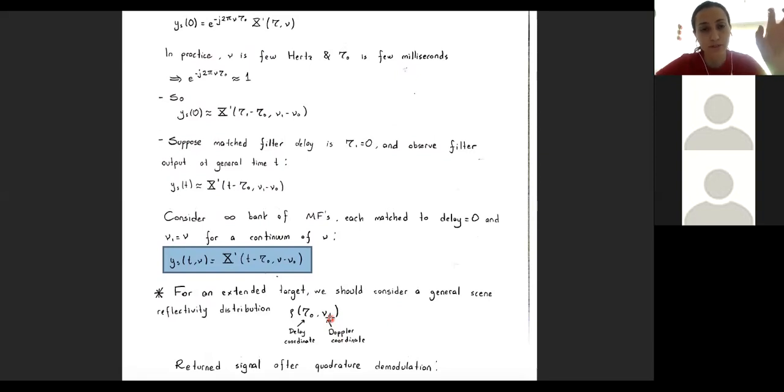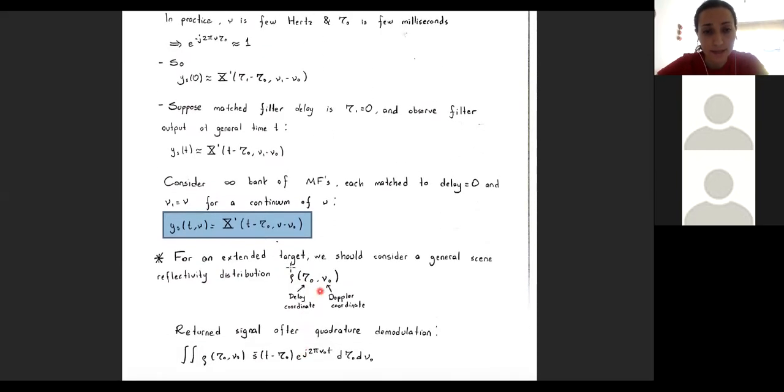For example, some points on the target will reflect the radar signal with a higher amplitude, and some points will not reflect it that well. Let's call that reflectivity distribution, a two-dimensional function that describes how well our extended target is reflecting this radar signal, represented by this two-dimensional reflectivity distribution, rho of tau 0, v 0.